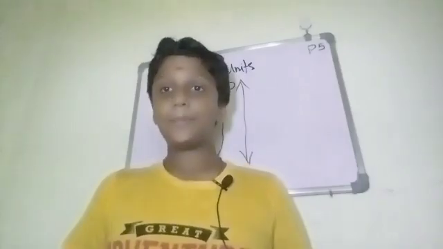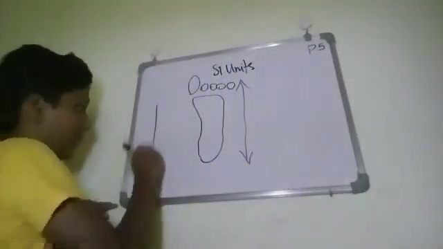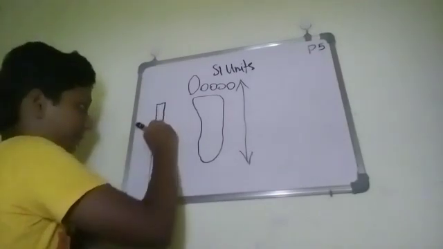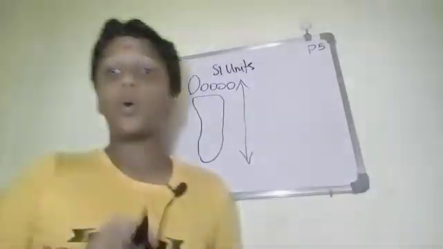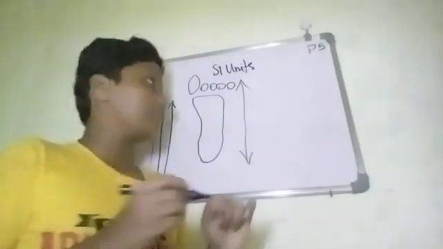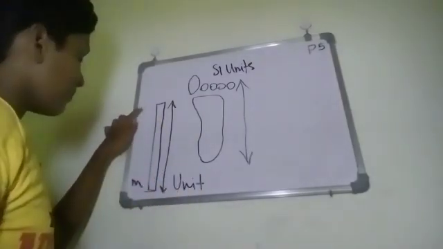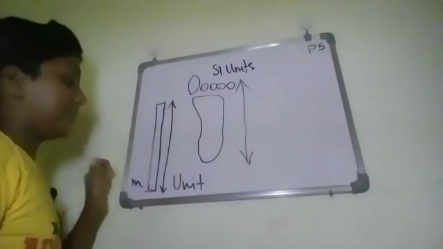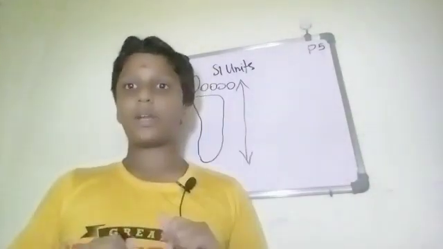And do you know what happened? To overcome this, they made a fixed quantity like the scale, and they took this as the unit. For example, this is the meter. So this is a unit. Unit means 1, right?